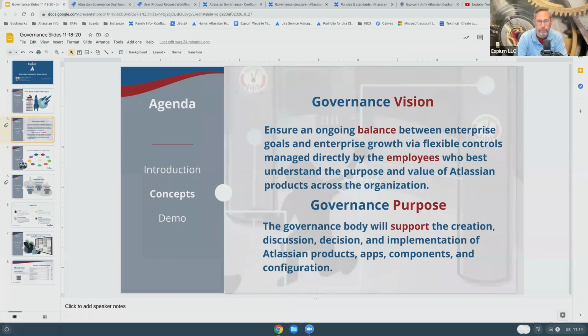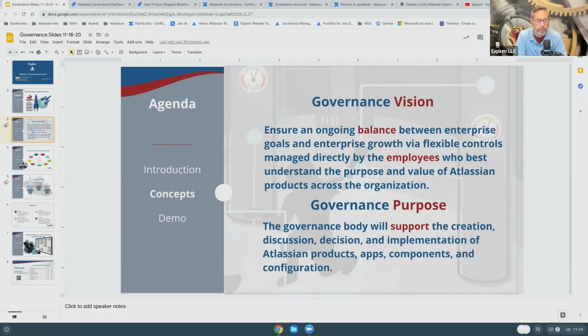Balance is important. Flexibility is important. Employees are important, right? Value is important. We need to incorporate the ideas behind these words into our governance vision in order to make sure that we have a flexible governance system that is going to produce the maximum amount of value. How do we do that? We're going to get to that in the coming slides.